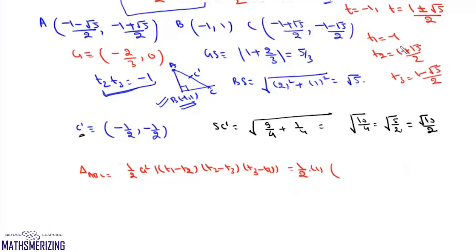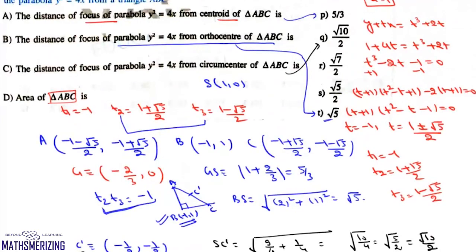Now t1 minus t2 will be (minus 3 minus root 5) by 2, and t2 minus t3 will be simply root 5, and t3 minus t1 will be (3 minus root 5) by 2, and its absolute value. So it will be 1 by 8, and then root 5, and this is (a plus b)(a minus b), so there will be 9 minus 5, so it should be 4. So its area should be root 5 by 2. So the area of triangle ABC is root 5 by 2, and that's your option S. So this is how we can solve this question.